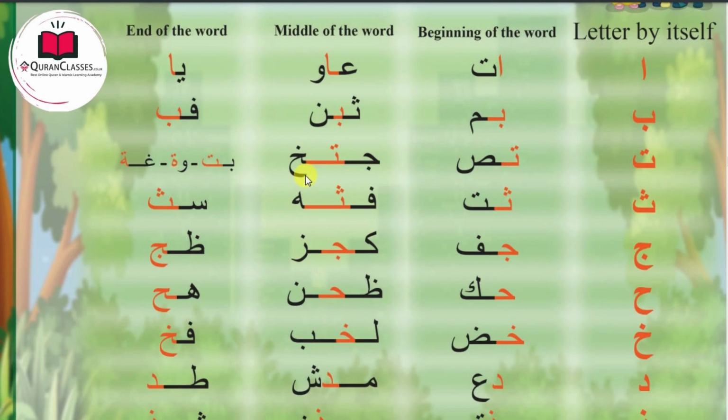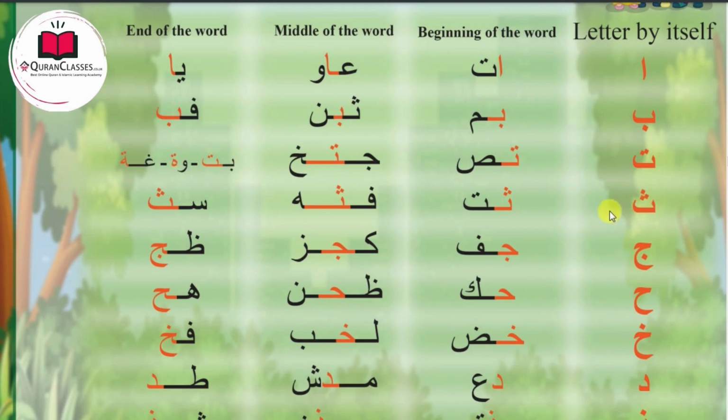It's a join of three letters. First one is Jeem, then Ta, and then Khaa. Now when Ta comes at the end of the word, we can see it like this. Ba Ta. Another example, Waaw Ta. Another example, Ghayn Ta.